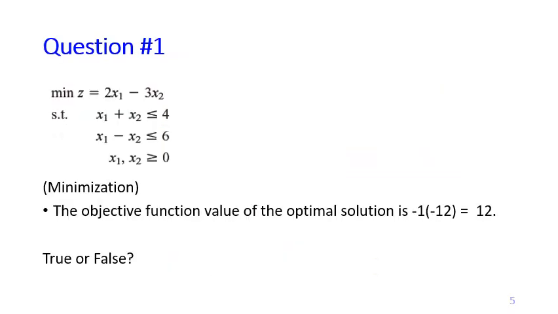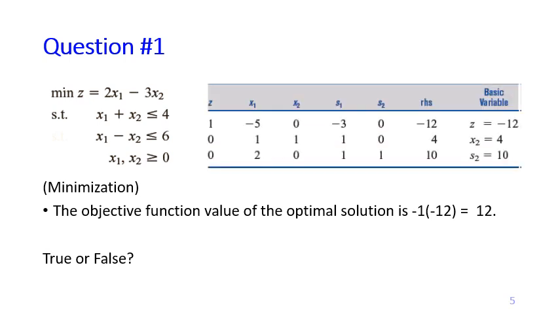Now let me ask you a question about the interpretation of the optimal solution that we've obtained in the previous slide. So this is our optimal solution for the minimization case. You see here that in this solution, x2 equals 4, x1 equals 0 because it is a non-basic variable, s1 also equals 0 because it is a non-basic variable, and s2 equals 10.